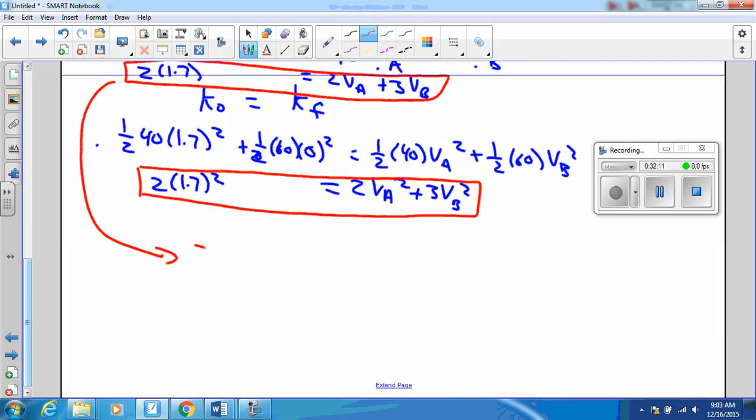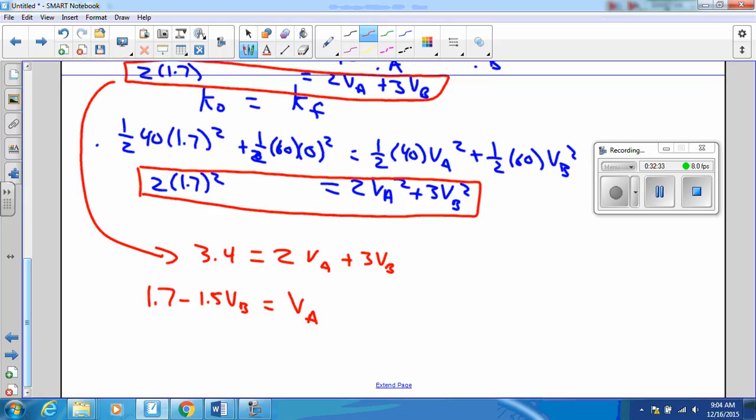If I take the top equation, 3.4 equals 2VA plus 3VB, I'll pick a variable to solve for. I like solving for VA. Then that gives me 1.7 minus 1.5 VB is equal to VA. Check the algebra on that.